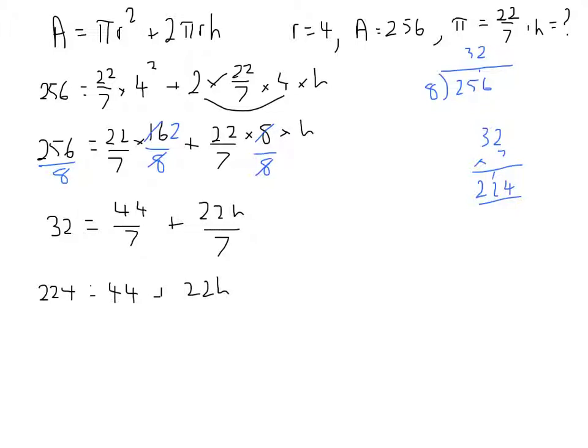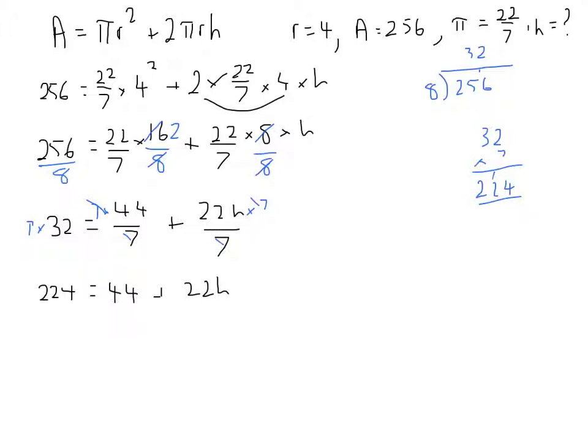So we achieve that by multiplying everything by 7. So we times that by 7, we times that by 7, we times that one by 7. That cancelled that fraction down, that cancelled that fraction down. And 32 times 7 is equal to 224.